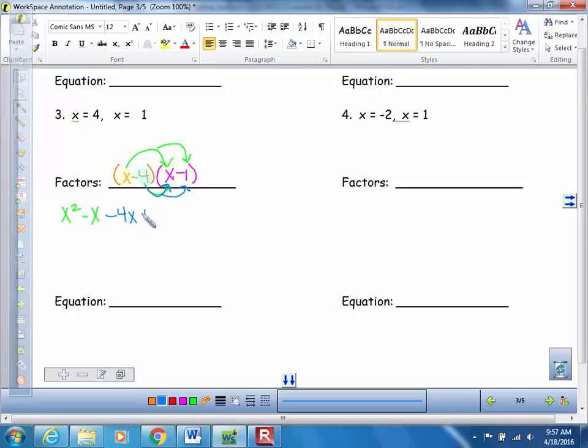A positive. So that gives me positive 4. Now, what needs to be at the very beginning of my equation? Y equals, we can bring down our x squared. I have like terms, negative x and negative 4x, which gives me a negative 5x plus 4.